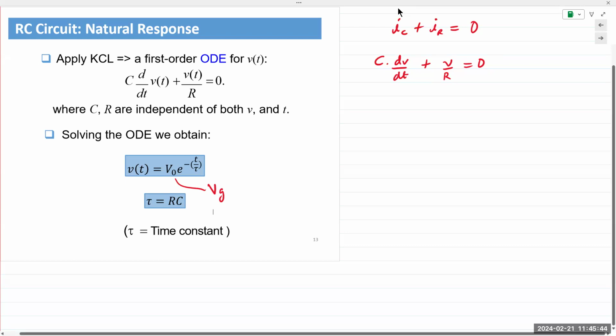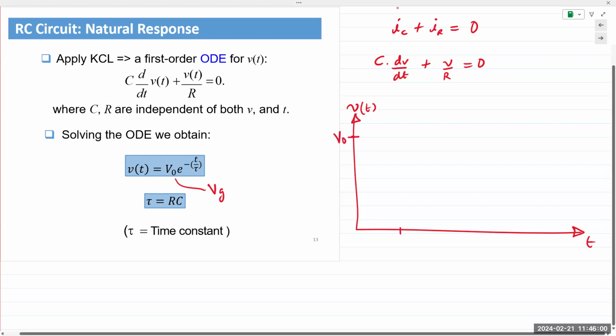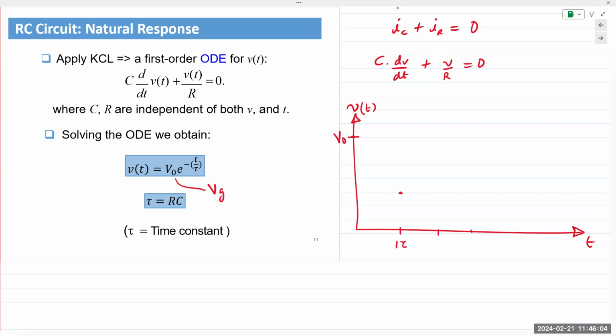When we plot this, we again obtain the exact same curve. So V0 is max. After 1 times tau, it drops to 60%, 2, 3, 4, 5, and 6.